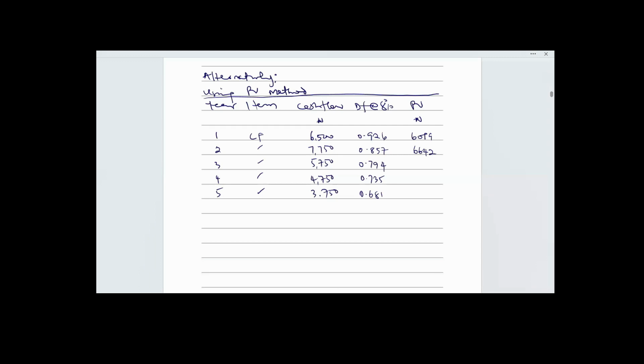Next, 5,750 multiplied by 0.794 equal 4,566.